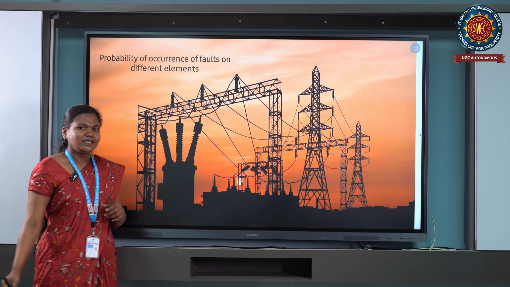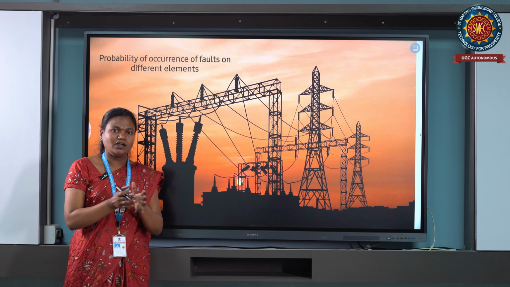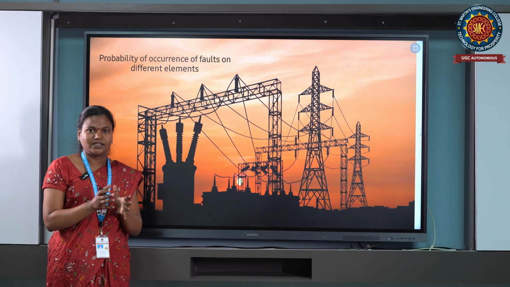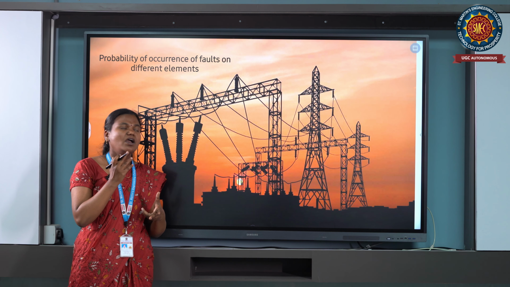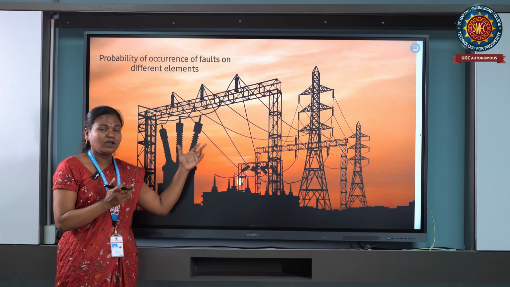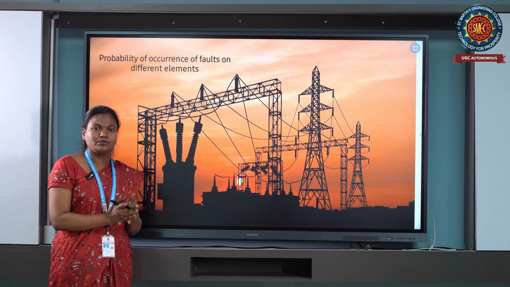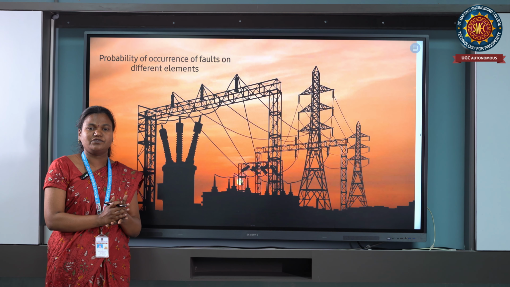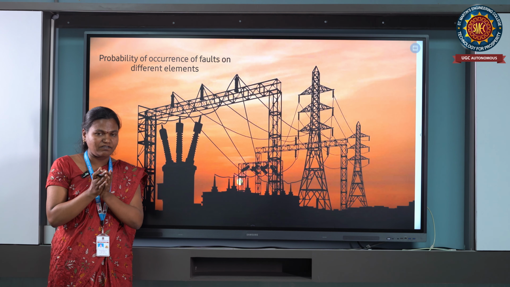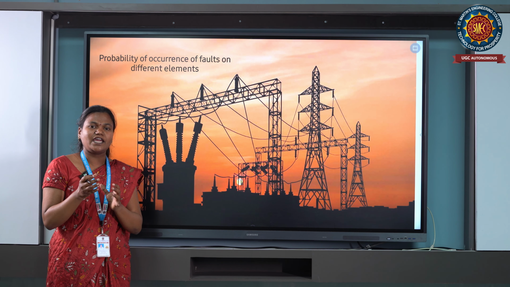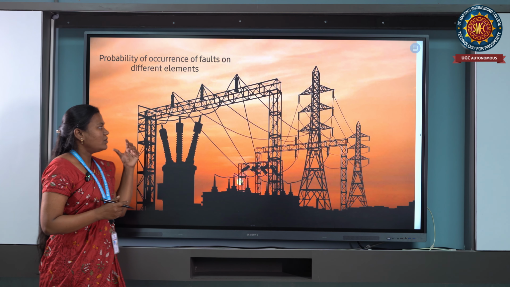Now see here, we have different categories: generating stations, power transmission systems, distribution systems, and utilization systems. In each system we use different types of equipment.